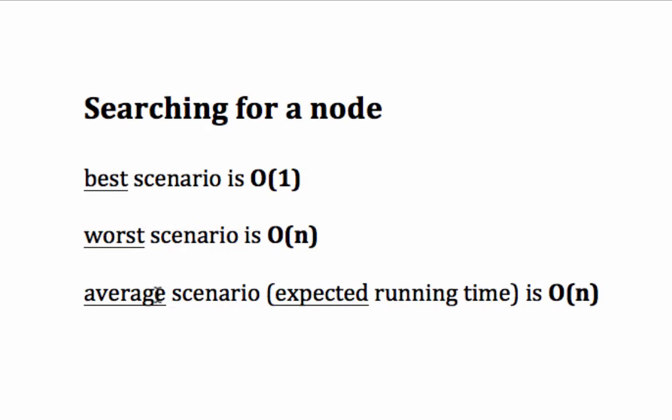Now, what is important to realize is that in the average scenario, we don't find the value at the very beginning of the collection or at the very end, it is somewhere in between. So we talk about an expected running time, which happens to be O(n). So the expected running time of a search of a linked list, as we have implemented, is directly proportional to the size of the data.